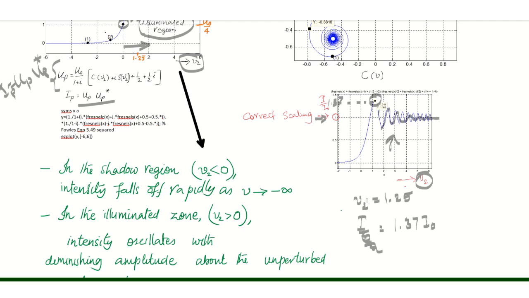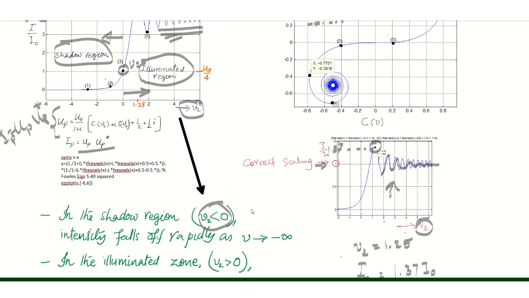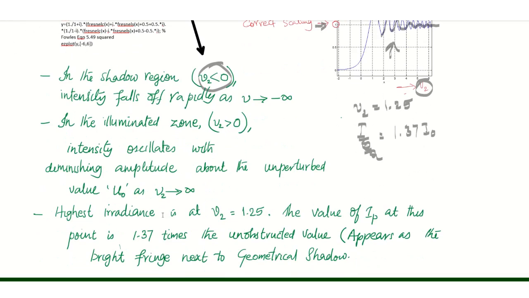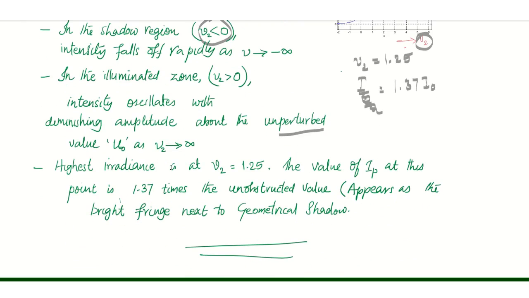In the shadow region, which is V2 less than 0, intensity falls off rapidly as V tends to minus infinity; it just goes to 0 very rapidly. In the illuminated zone, intensity oscillates with diminishing amplitude about the unobstructed value as V2 goes to infinity. Highest irradiance is at V2 equals 1.25, where the value of IP is 1.37 times.